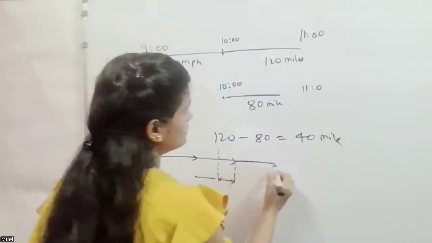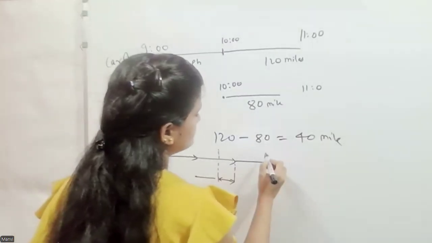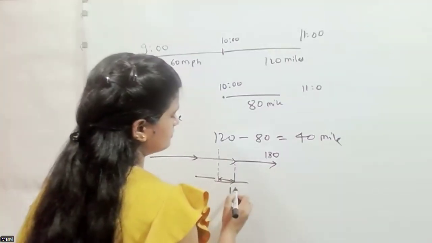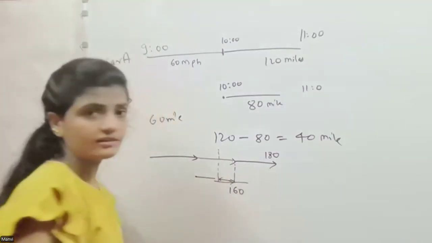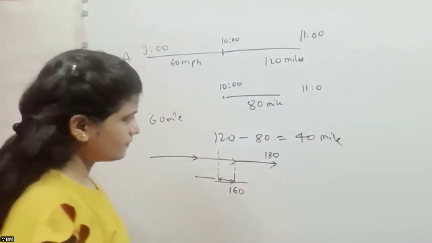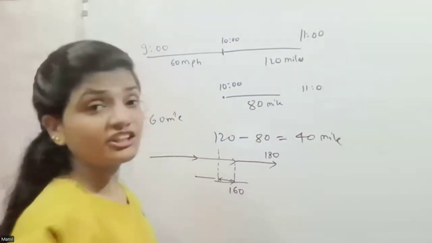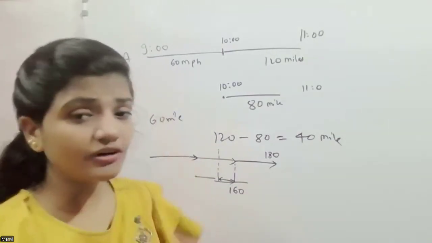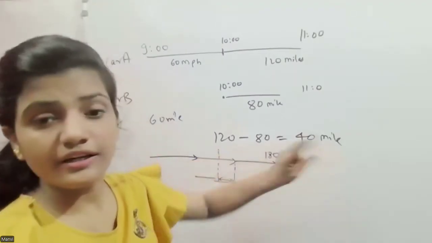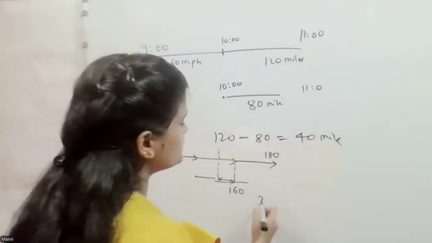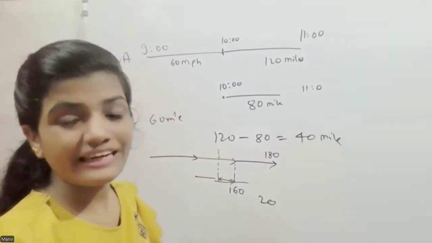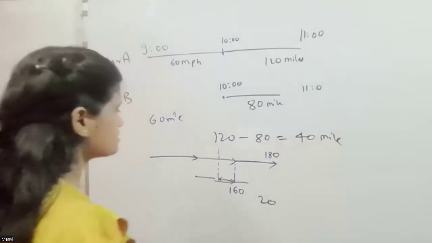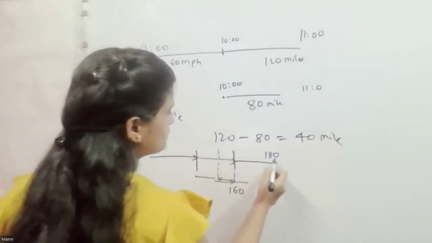After 3 hours, car A is at 180 and car B is at 160, right? You can see that the difference is decreasing time by time. In 1 hour, the difference is 40 miles. In 2 hours, the difference is just 20 miles. This is first hour, second hour, third hour.